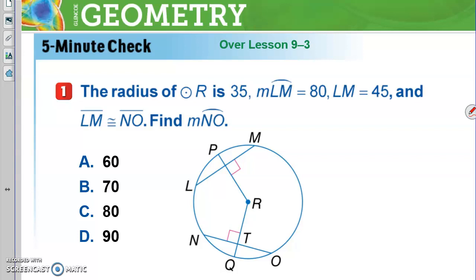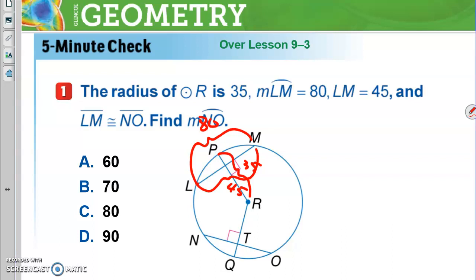The radius of the circle is 35, so this distance would be 35. The measure of arc LM is 80, and LM, the chord, is 45.